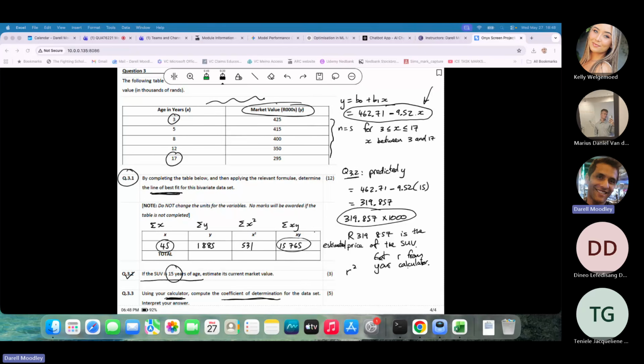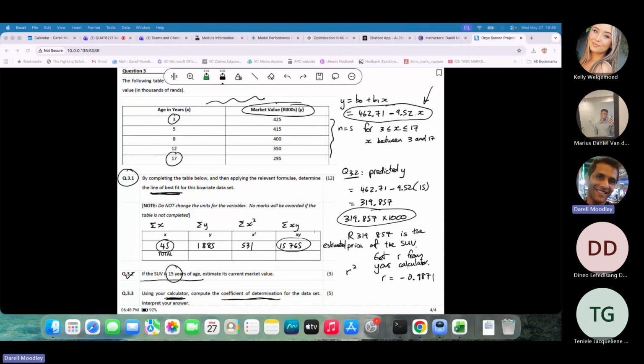Remember, you use shift 1, use the REG function, because REG is regression, and then look for R. Your R value is minus 0.987, and with one more decimal, 971.